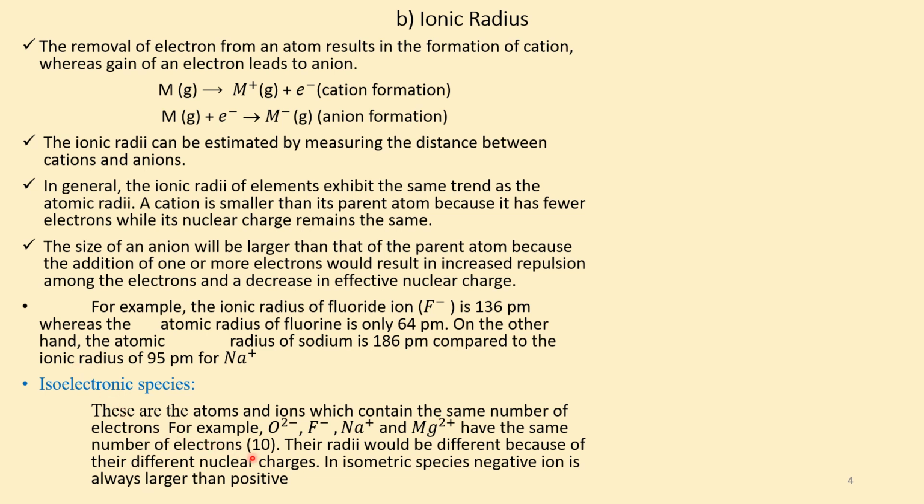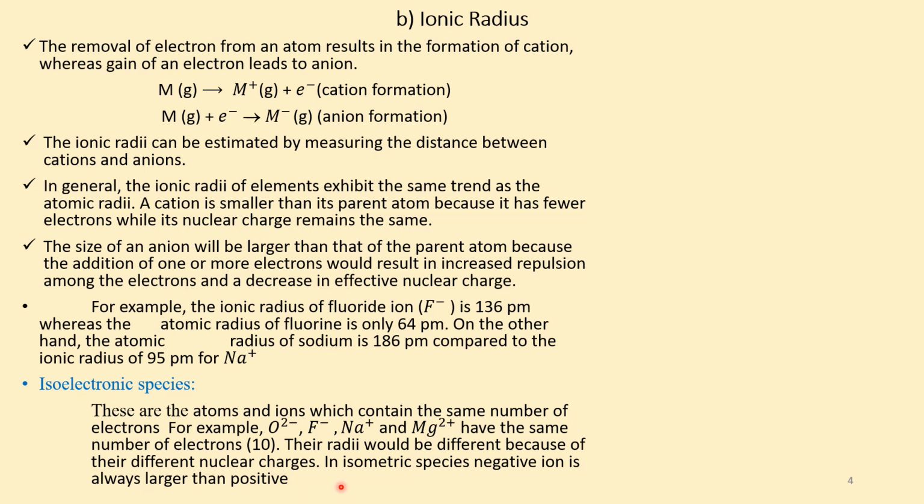For example, O2 minus, F minus, Na plus and Mg2 plus have the same number of electrons, that is 10. But their radii would be different because of their nuclear charges.